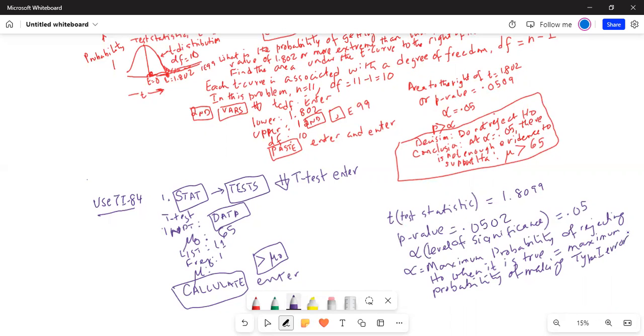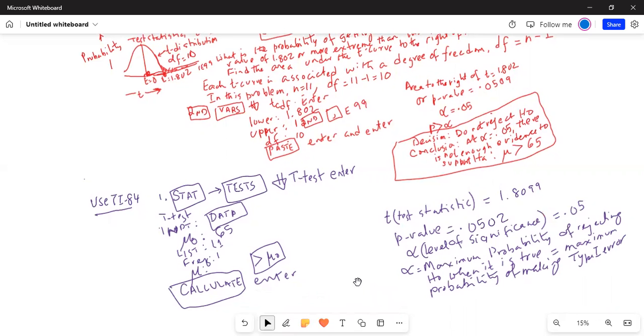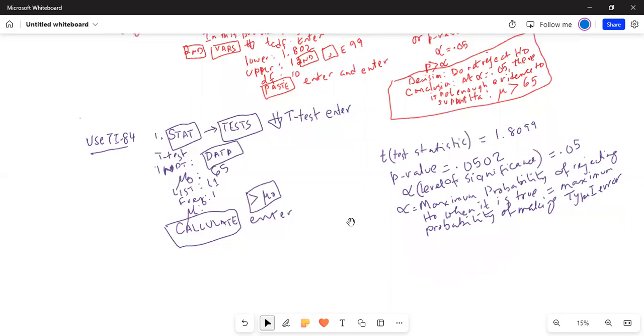Okay. Now we will move a little bit further. So compare, P is slightly greater than alpha. So again, the decision is fail to reject H0.